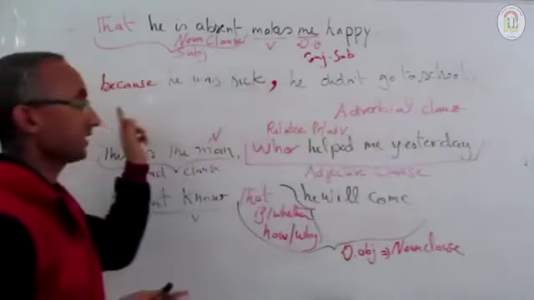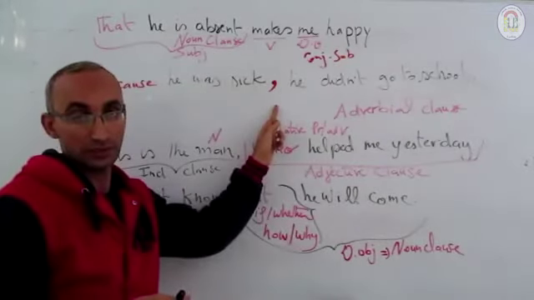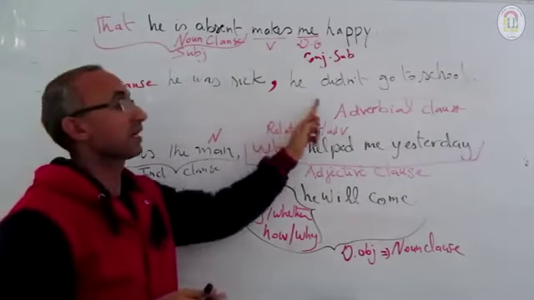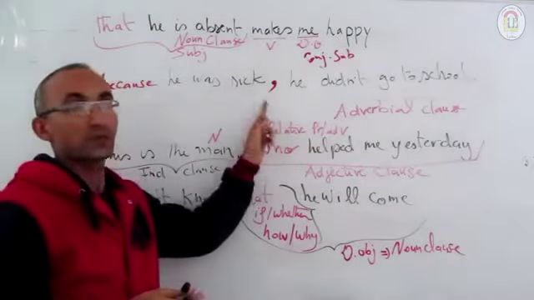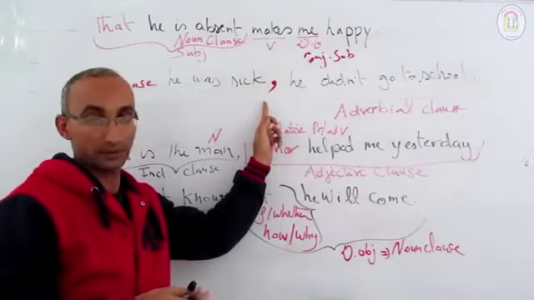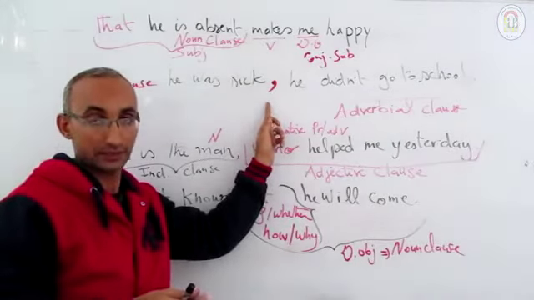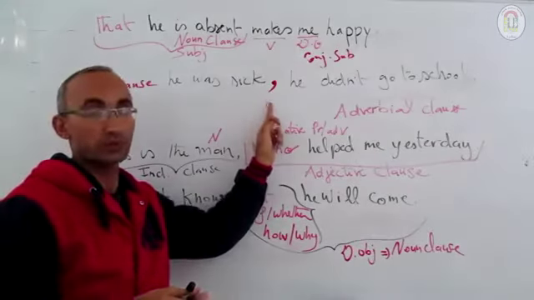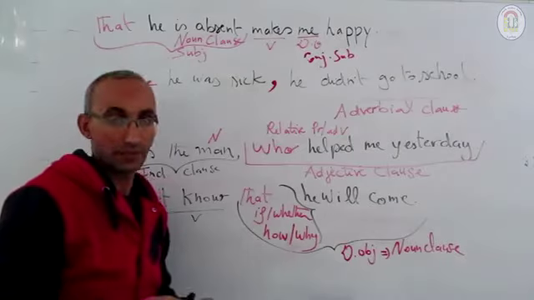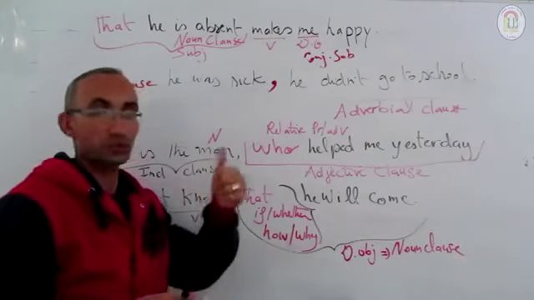But if this if is in the middle, you will succeed if you work hard. Here, when the conjunction of subordination is in the middle of the sentence, clear, we don't put before it any punctuation mark. Alright, this is our first remark.